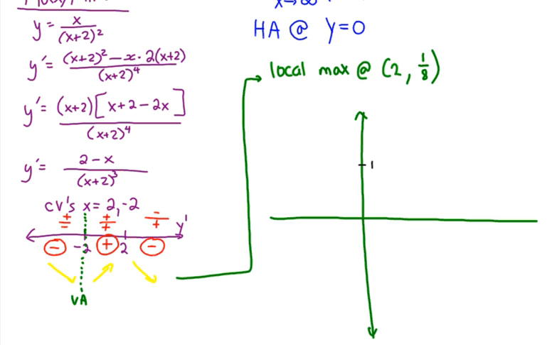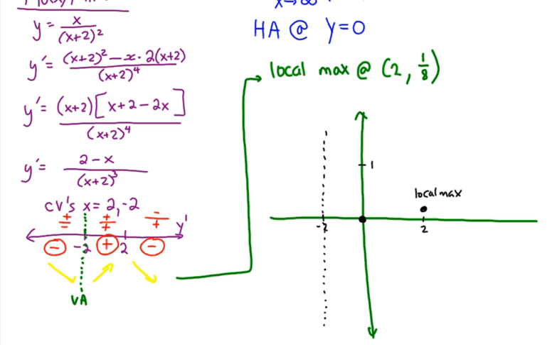Okay, so we want to draw in our asymptote at -2. We know we're going to have a local max at 2. We also have a 0. Where do we cross the axis? 0, 0. And 2 and 1/8 is going to be a local max.